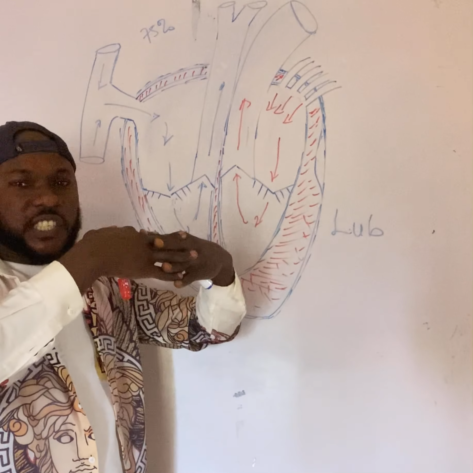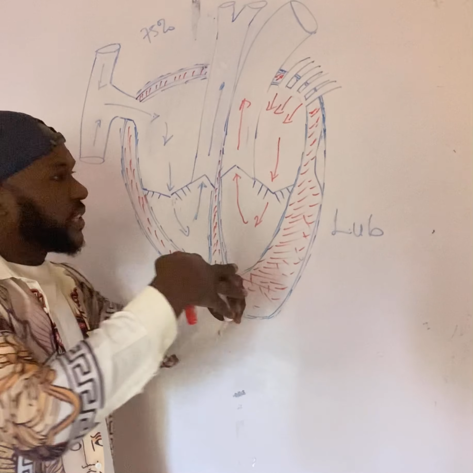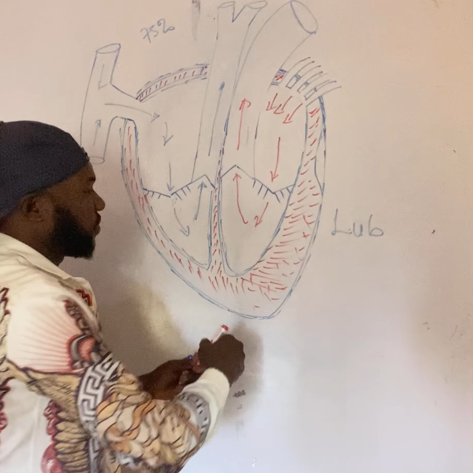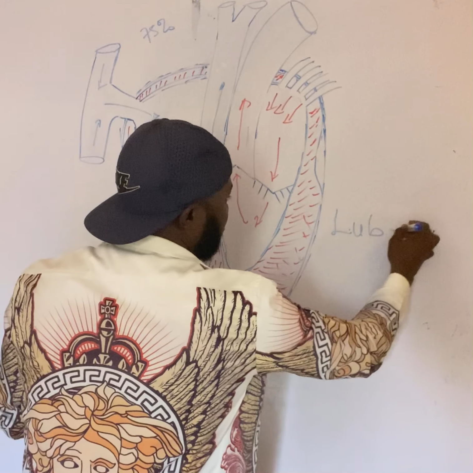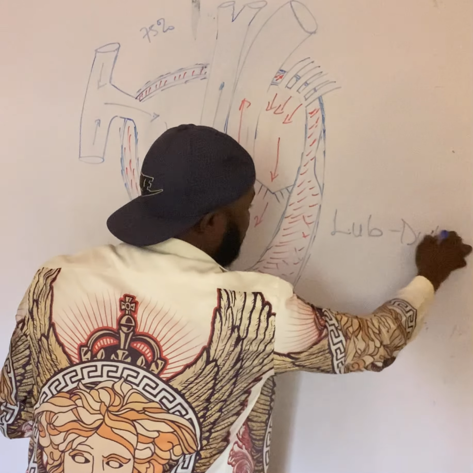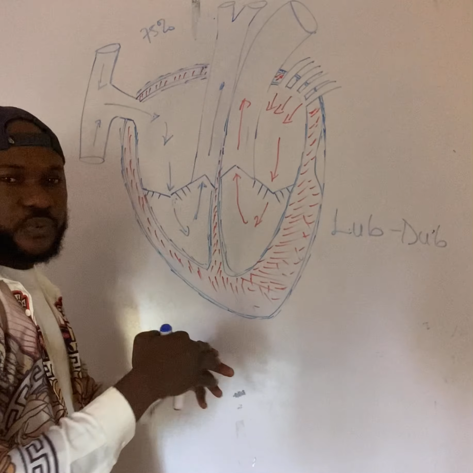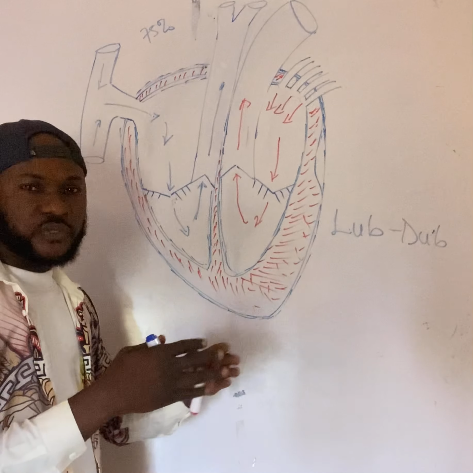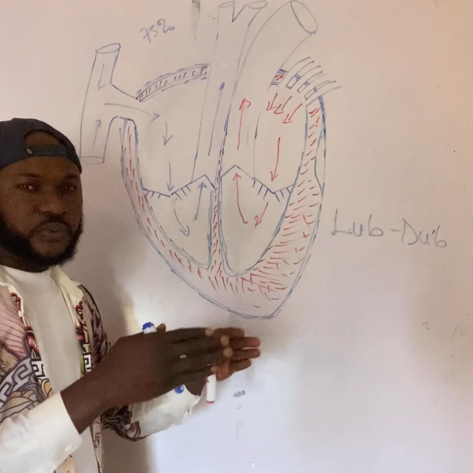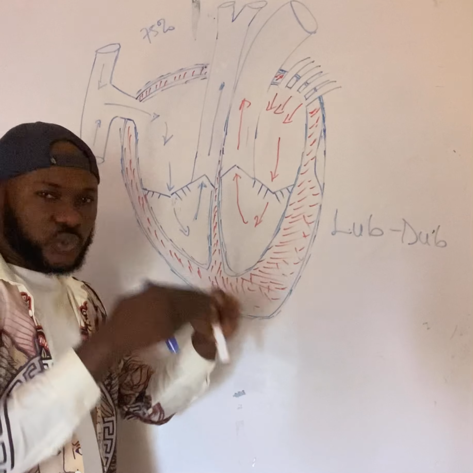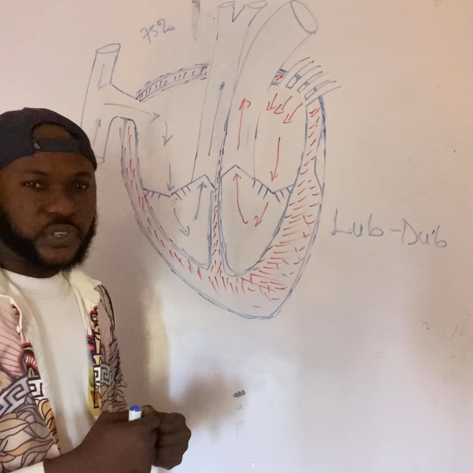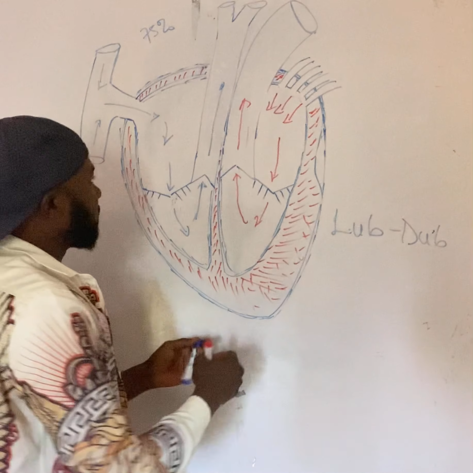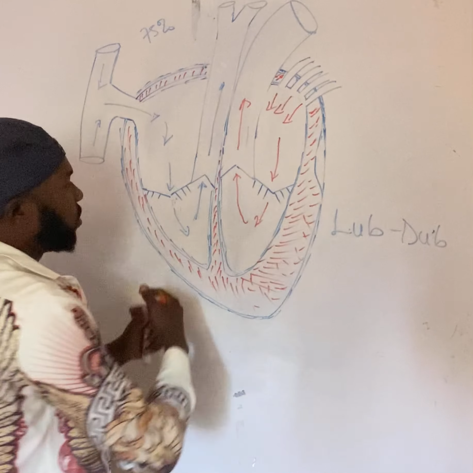So the sound produced by the closing of the semilunar valve is a dup, dup sound. So in your heart, you hear lub, dup sound, lub, dup, it will pause, lub, dup, it will pause, okay? Okay, so that is it. Now, let's move again.